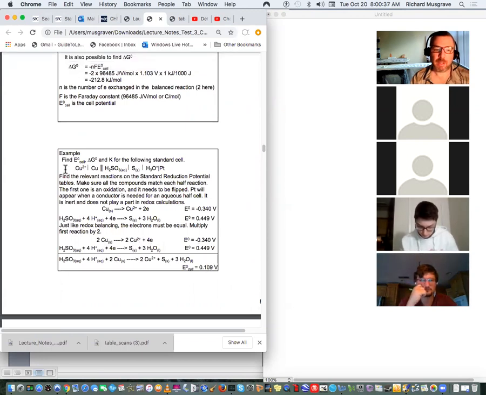So looking at the cell diagram here, by convention, the Cu and the Cu2 plus are going to be the anode, which means that this is where oxidation occurs.